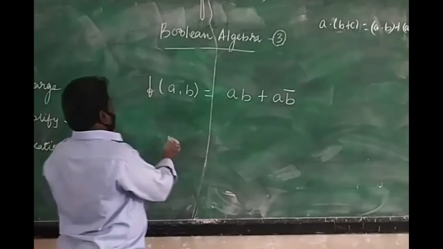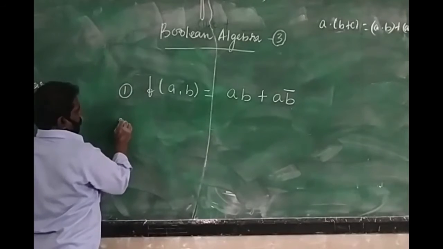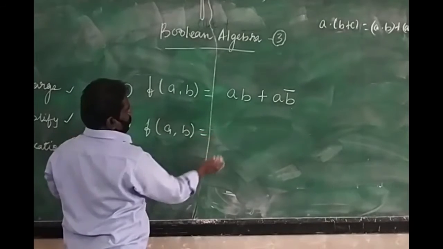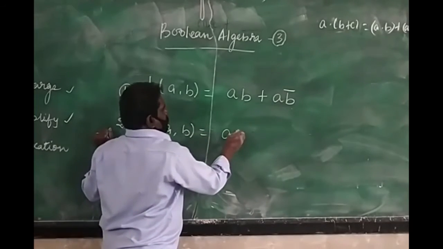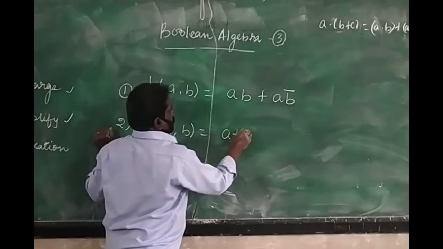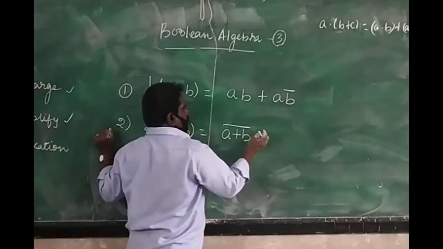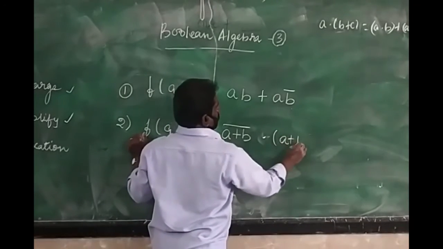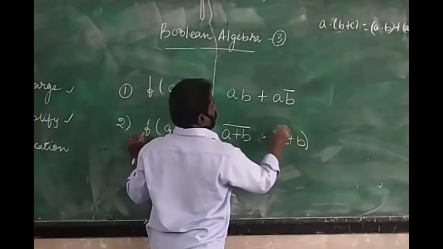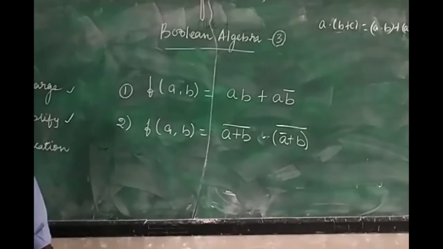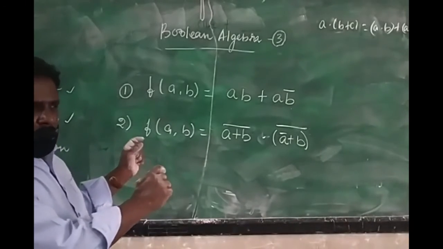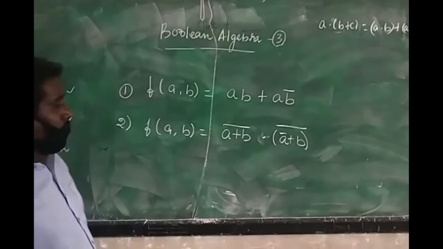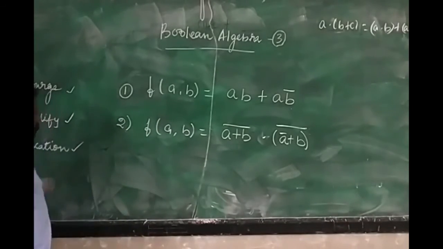Another function is f of a comma b equals (a plus b) whole bar plus dot (a plus b) dot (a bar plus b) whole bar. Now we have two functions, and we are going to verify whether they are equal or not.